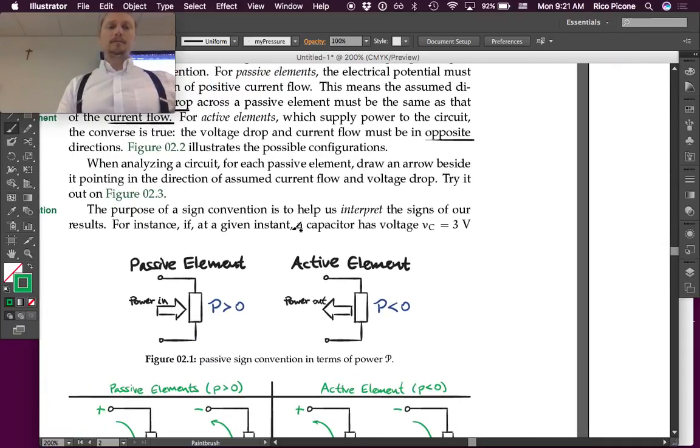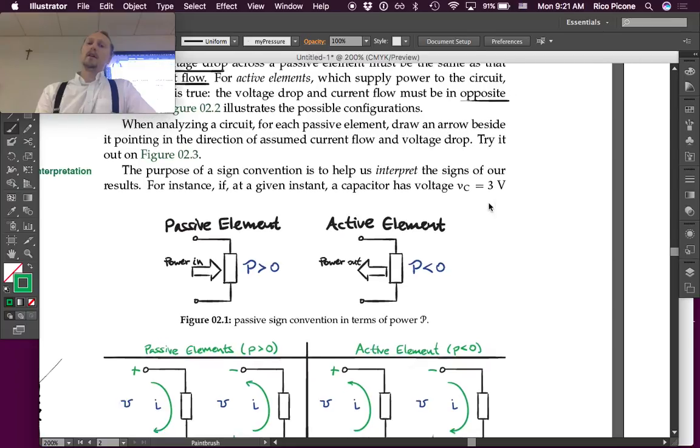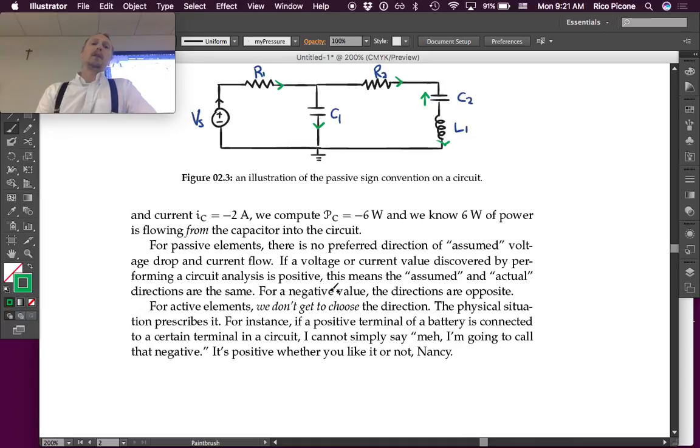Okay, so the purpose of a sign convention is to help us interpret the signs of our results. For instance, if at a given instant a capacitor has a voltage of 3 volts and a current of -2 amps, we compute that the power is equal to the product of the two, right? So 3 times -2 is -6 watts. And we know 6 watts of power is flowing from the capacitor into the circuit.